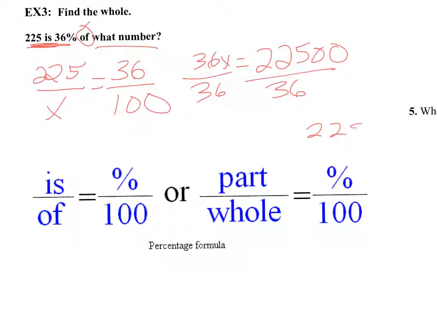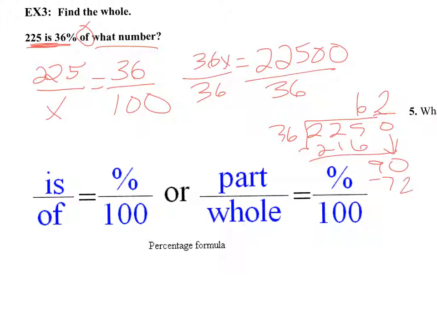So we have 225 divided by 36, and we're going to subtract 216. We're left over with 9, and we can bring down the 0. And 36 goes into 90 approximately 2 times.